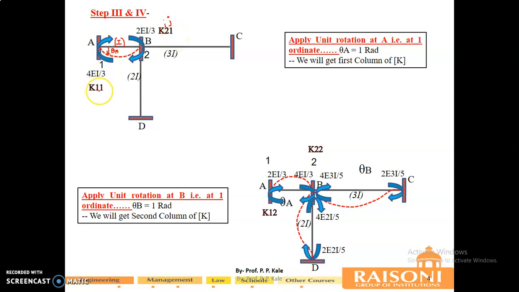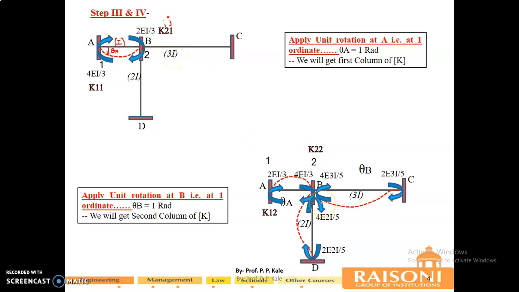Since we have found the rotational displacements, we will get moments as unknown forces. So the moment required at 1 due to the application of unit rotation at 1 will be the K11 element, and the moment generated at 2 due to application of unit rotation at 1 will be K21. So in this way, with theta A equal to 1 radian, 4 EI upon 3 and 2 EI upon 3 will be your K11 and K21.